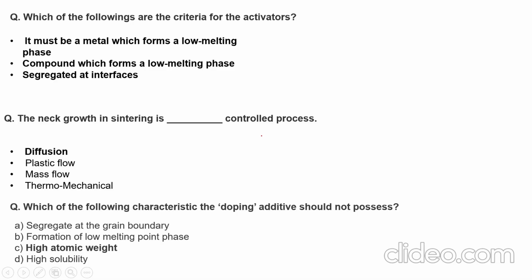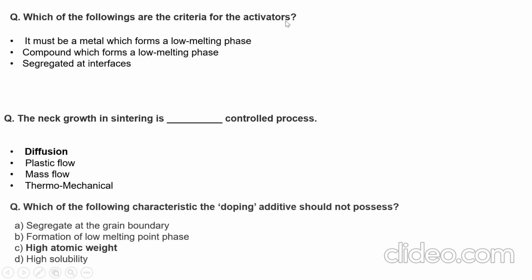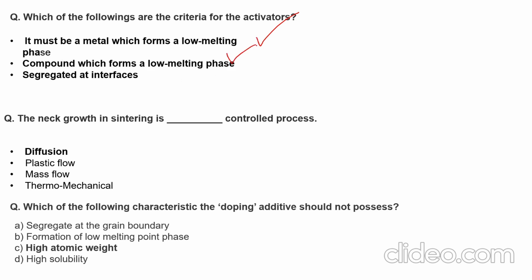Okay, then we have one question that says which of the following are the criteria for the activators. It must be a metal which forms a low melting phase. That's why we said it will form a low melting phase and then act as a pathway for diffusion. It can also be a compound which forms a low melting phase, and it should segregate at the interfaces, because that will help in closing down the pores.